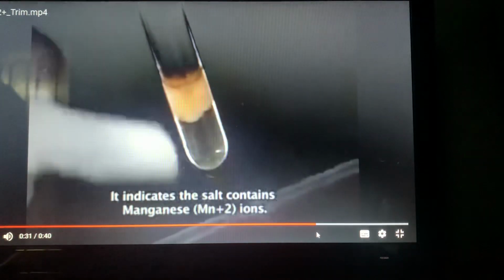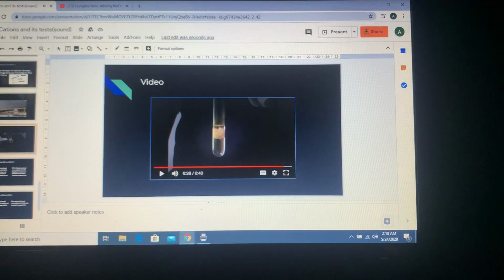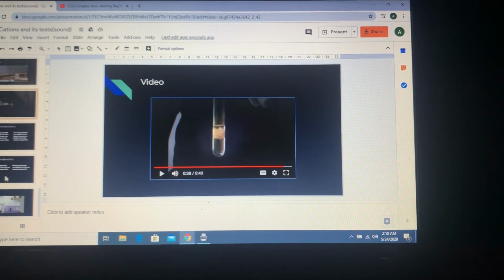It indicates that the salt contains manganese ions. So yeah, the same reaction will occur when you use NH3.